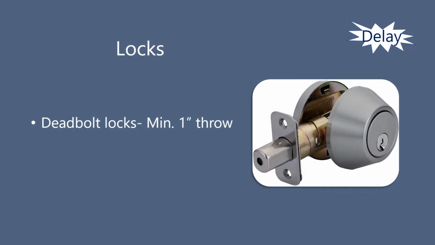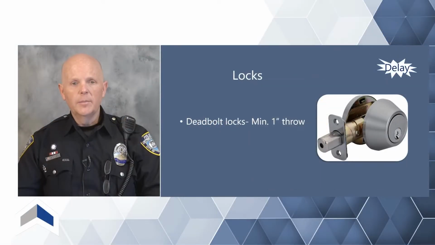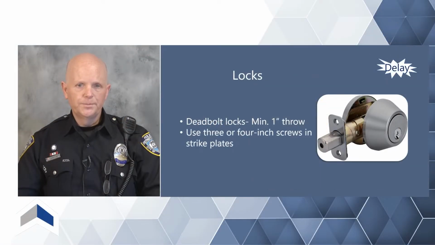Any deadbolt locks that you have should have a minimum of a 1-inch throw. Residential locks oftentimes will have a 3/4 inch throw, but you really want something that's at least 1 inch. I would encourage everybody, whatever locks you have, and do this at your house and your business, take time to take the screws out of the strike plate, which is the part that actually attaches to the door frame.